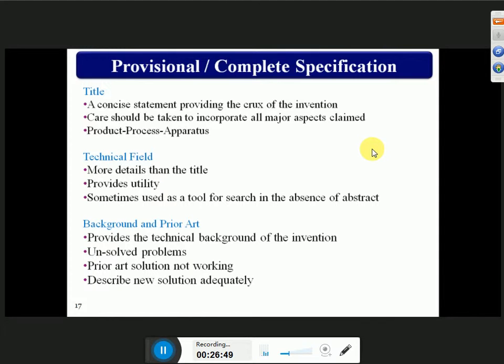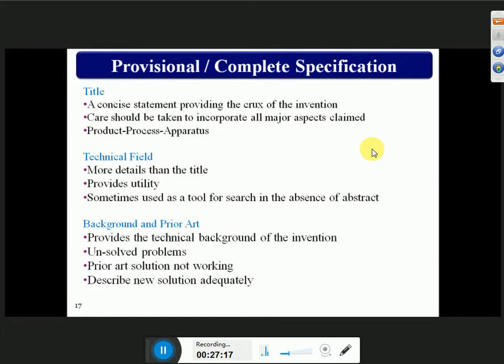That means the field of this invention is, for example, automation. The field of this invention is pharmaceuticals, like this. It provides the utility, and sometimes it is used as a tool for search in the absence of the abstract. If I am not clear from the abstract, I can use the technical field to find more clarity.